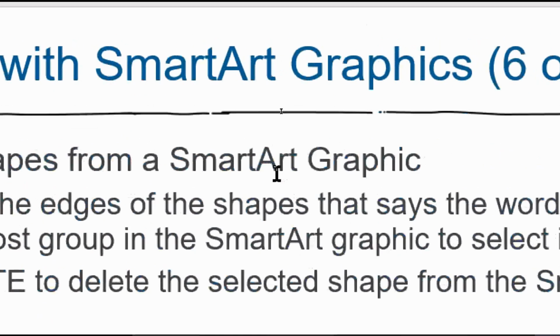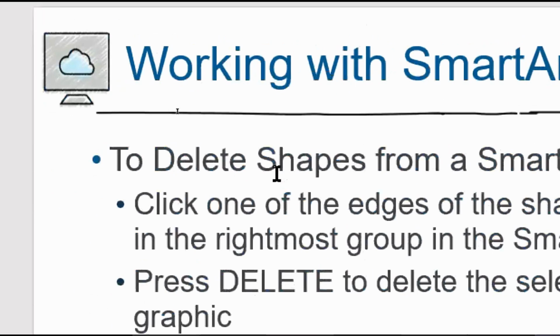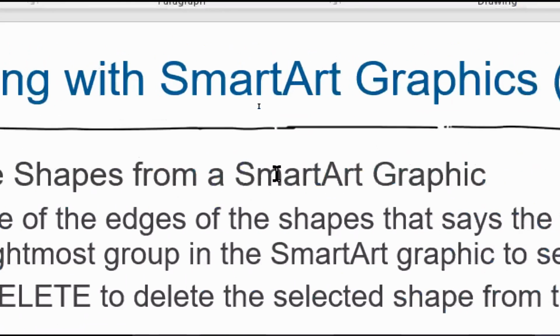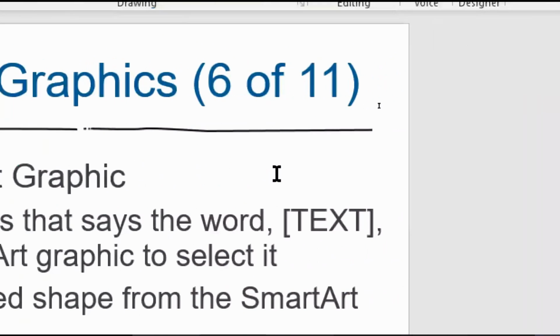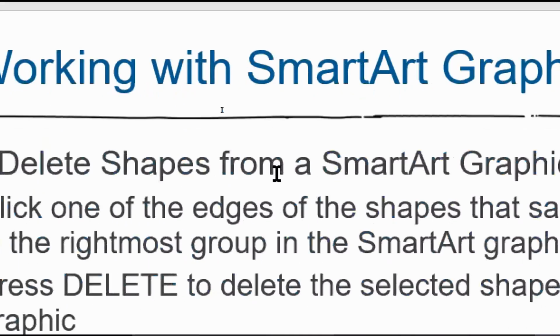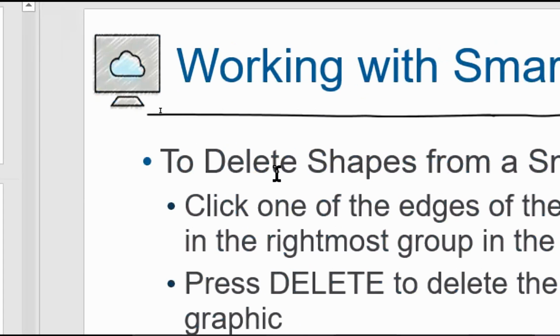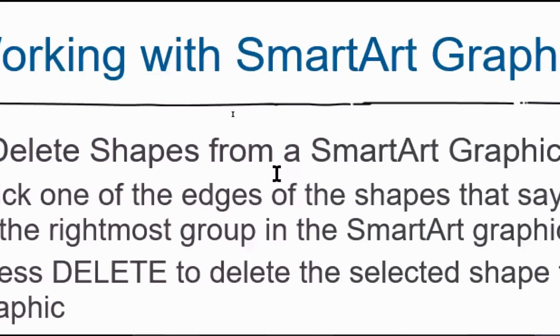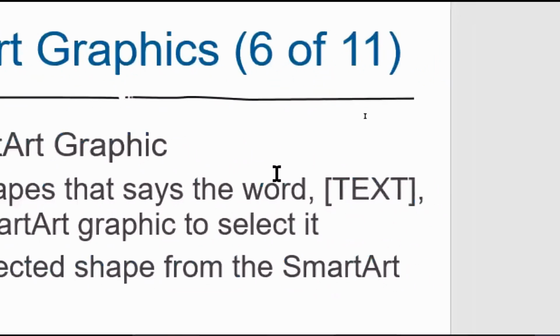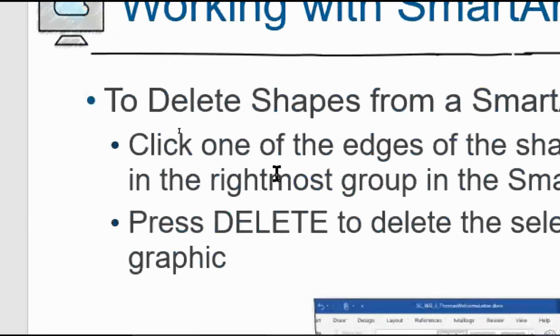And so if you want to delete shapes from the graphic, you want to click on one of the edges of the shapes that says the word text or whatever you've entered in the rightmost group of the Smart Art graphic to select it and press the delete key.